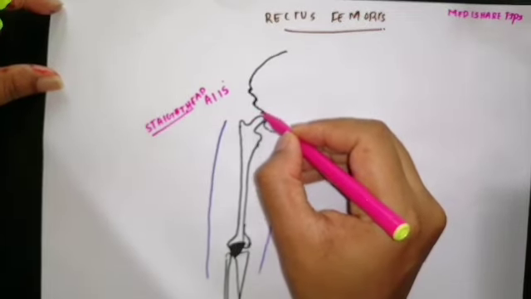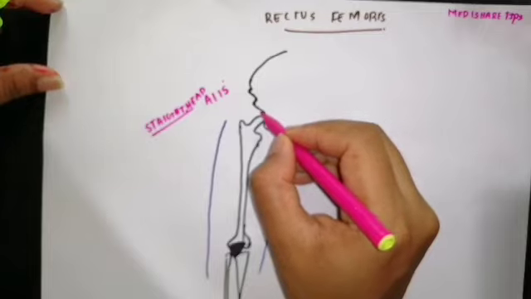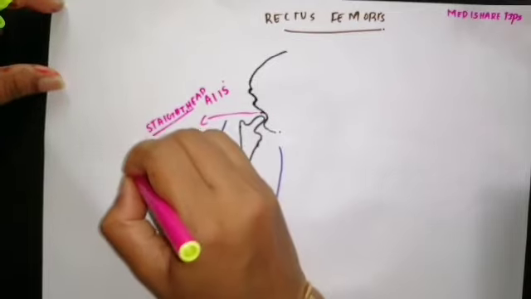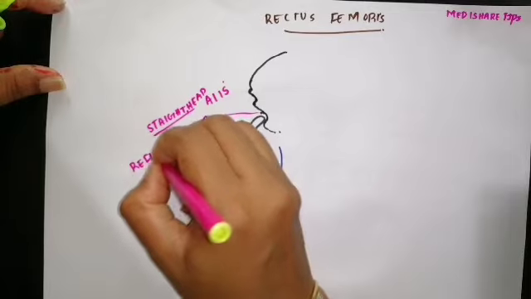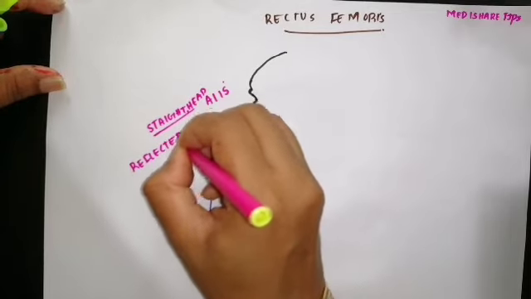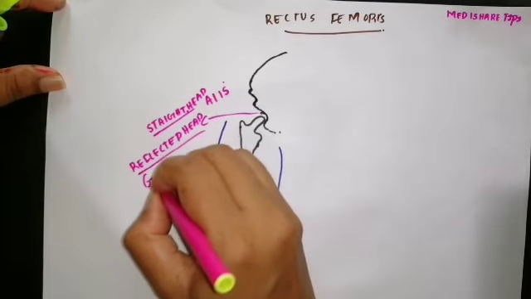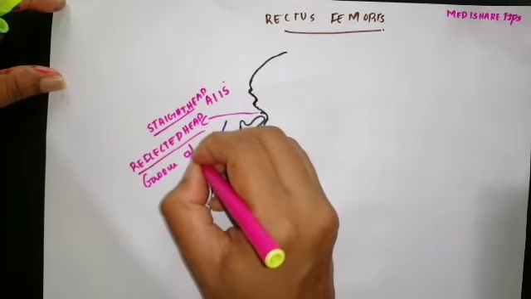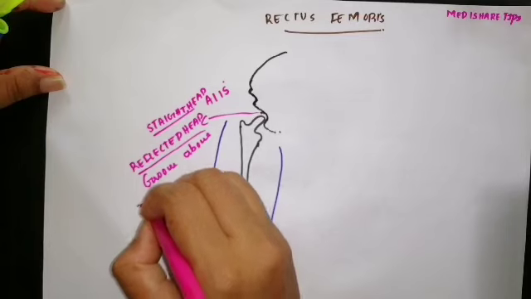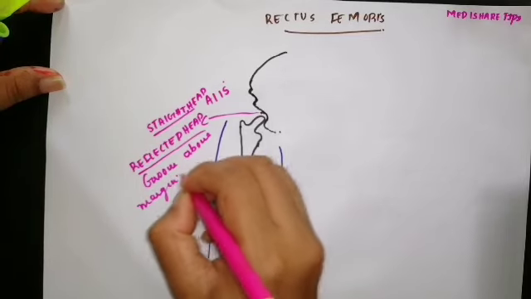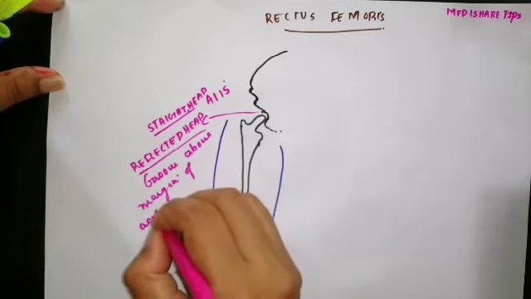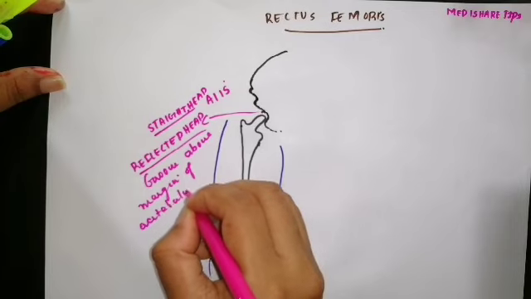This is the acetabulum. That is the origin of the reflected head of rectus femoris. The reflected head originates from the groove above the margin of the acetabulum and the capsule of the hip joint.